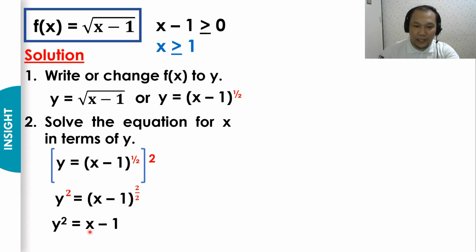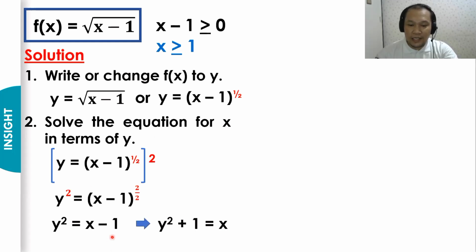And after this, we are going to find the value of x because we are solving the equation for x in terms of y. That is, transpose negative 1 to the left side of our equation, that is y squared plus 1 is equal to x.